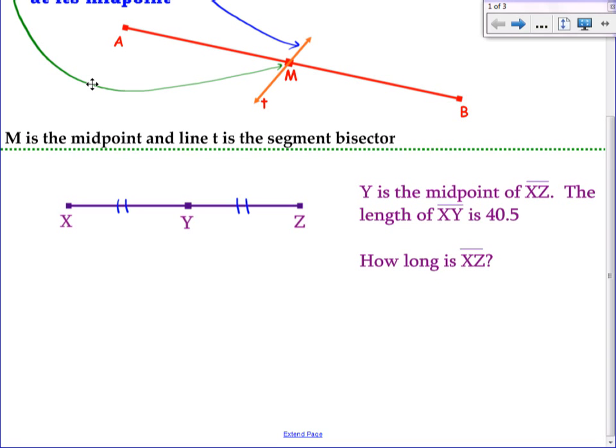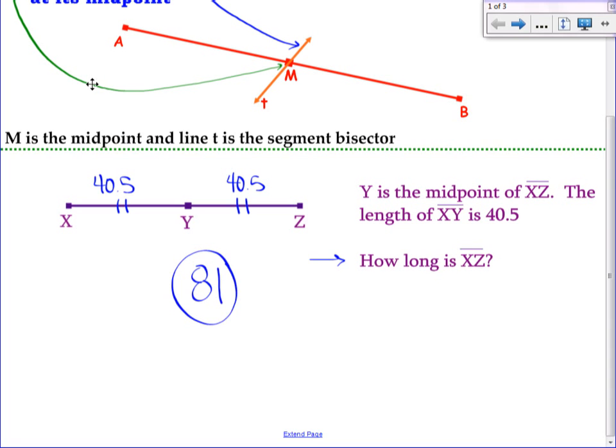It says the length of XY, so over here we have 40.5. Let's label that on the picture. So then we know what YZ is, also 40.5. So now we can answer this question, which is how long is XZ? Yeah, it's 81. You just add them together.